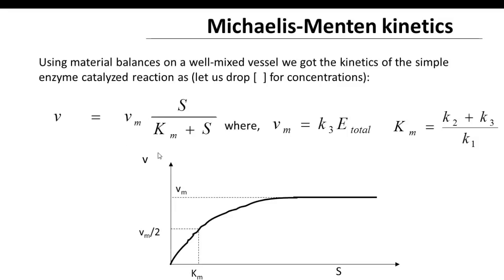If you plot V versus S, the volumetric rate of the reaction with the substrate concentration, you get a rectangular parabola. Yes, it's the same form that we got for the Monod equation. The Monod equation gave us the variation of the culture growth rate with substrate concentration.